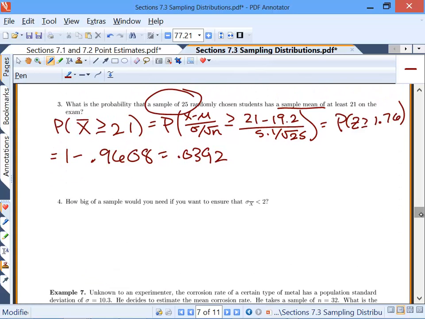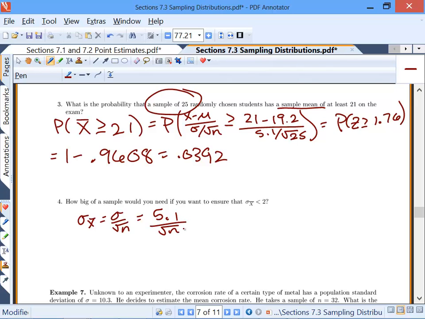The next thing I might ask you is, how big of a sample would you need if you want to ensure that the standard deviation of Xbar is less than 2? Well, we know that our standard deviation of Xbar is defined as sigma over the square root of n. And right now we know our population standard deviation is 5.1 over the square root of n.